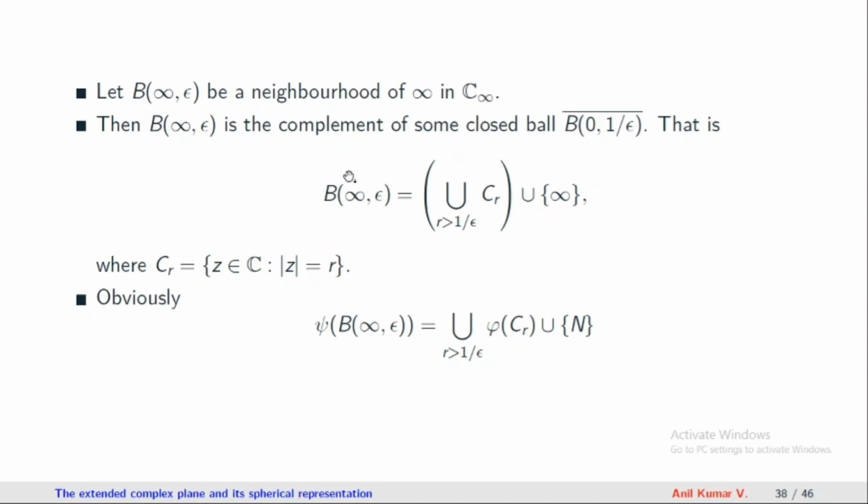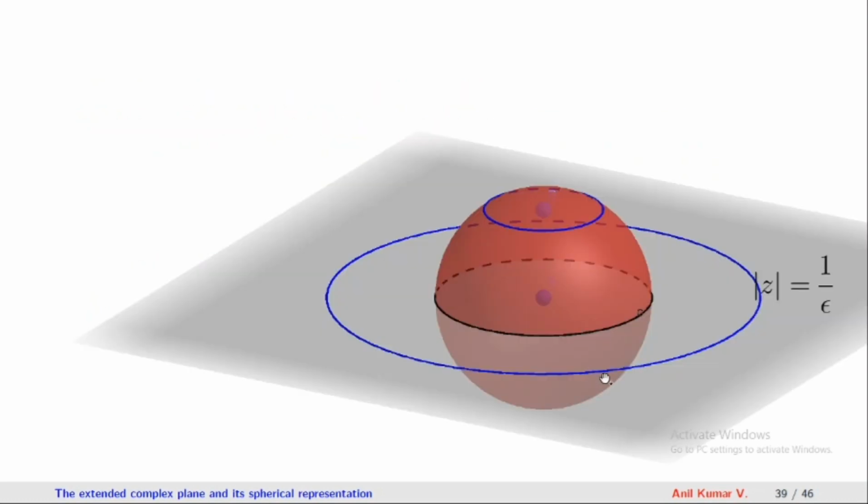Obviously, the image of this neighborhood is equal to the union of phi of C_R union n. Here phi of C_R is the image of the circle C_R under the function phi, and n is the image of the point infinity under the function psi.